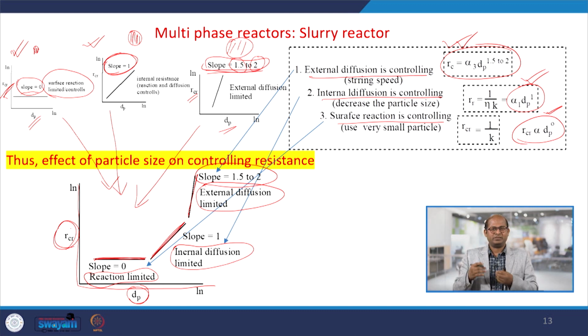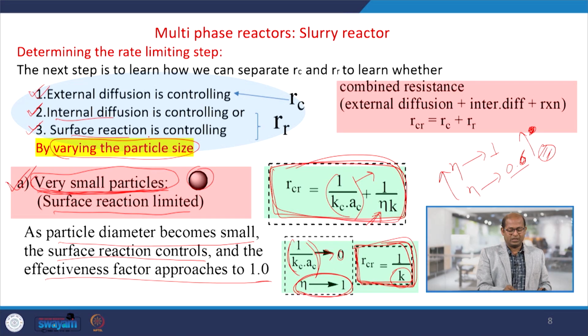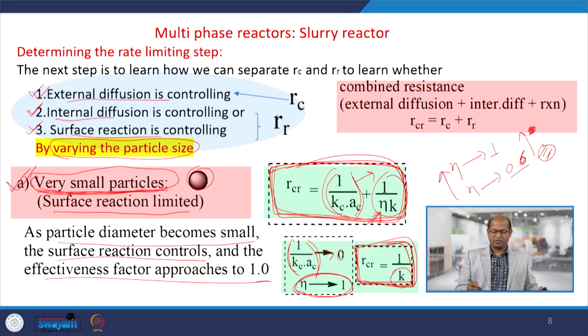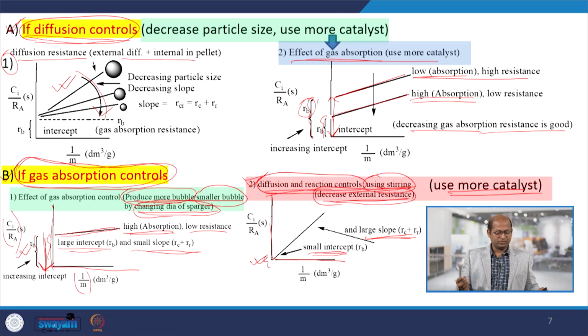Gas, liquid and solid are there, and stirring means a stirrer would be there, so stirring speed can be increased or decreased, depending upon the situation we are dealing with. So, which one is controlling, external, internal or surface reaction, this is the total resistance. This part is for the reactions and this part for the resistance of external diffusion. Okay.